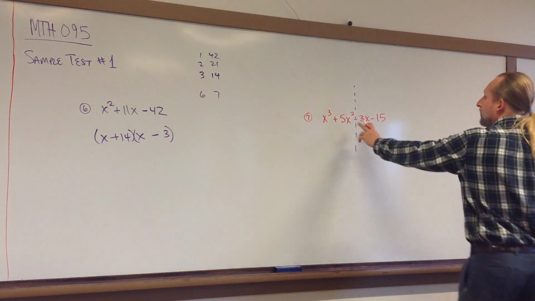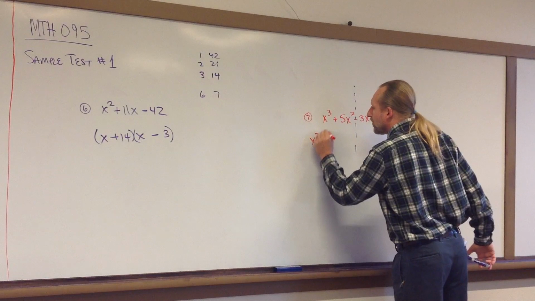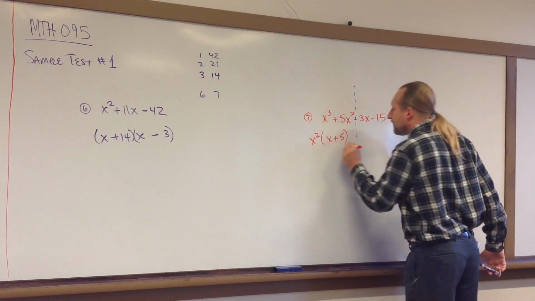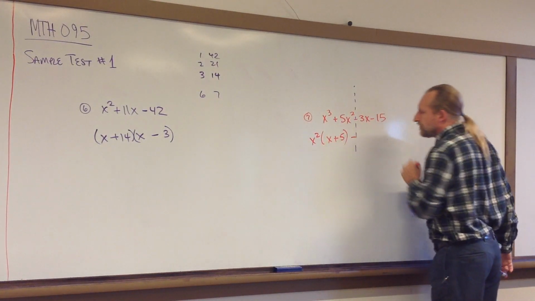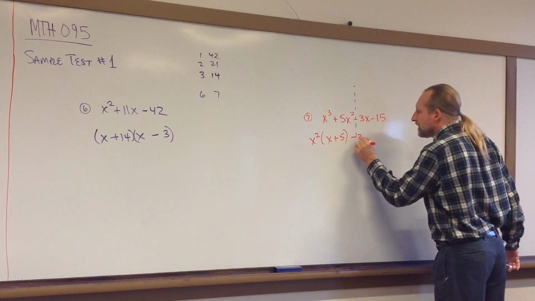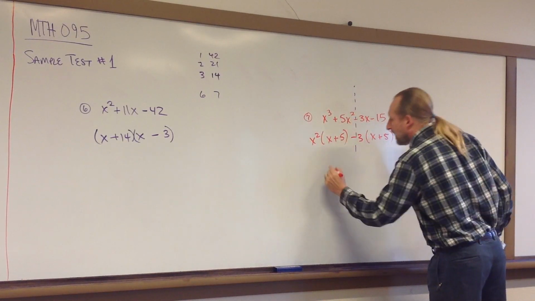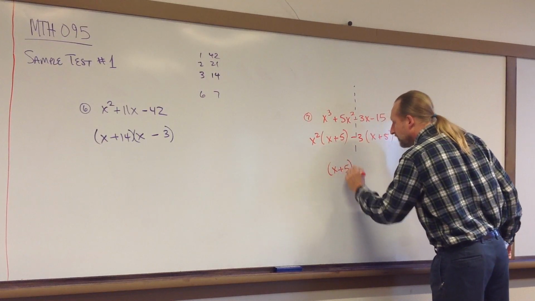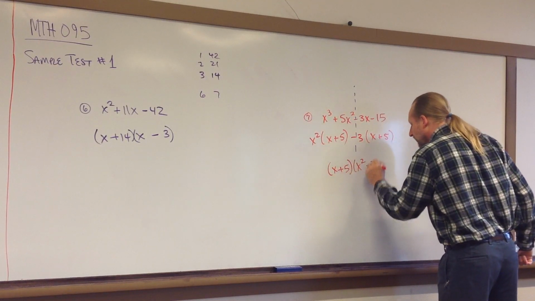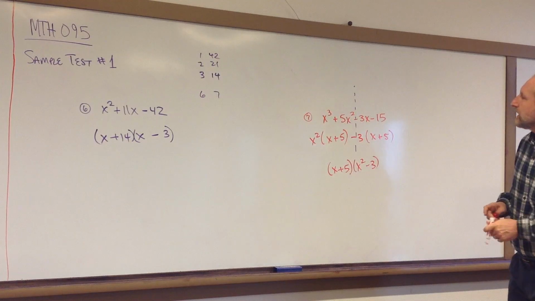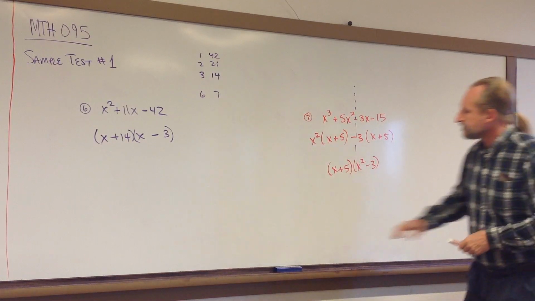So here our common factor is x squared and then x plus 5. You see the minus sign? That tells you to factor out a minus 3. And that'll leave us with x plus 5. Now factor out the x plus 5, and that leaves us with x squared minus 3. So that's the factoring by grouping problem.